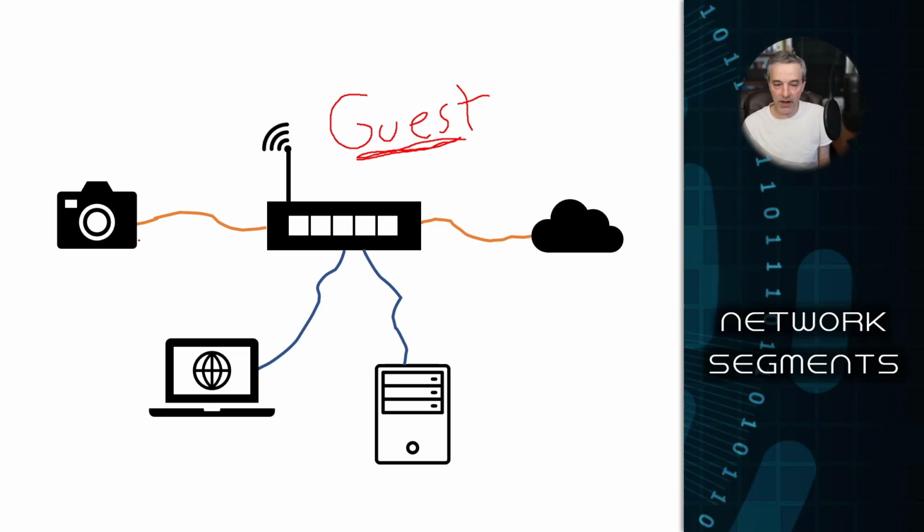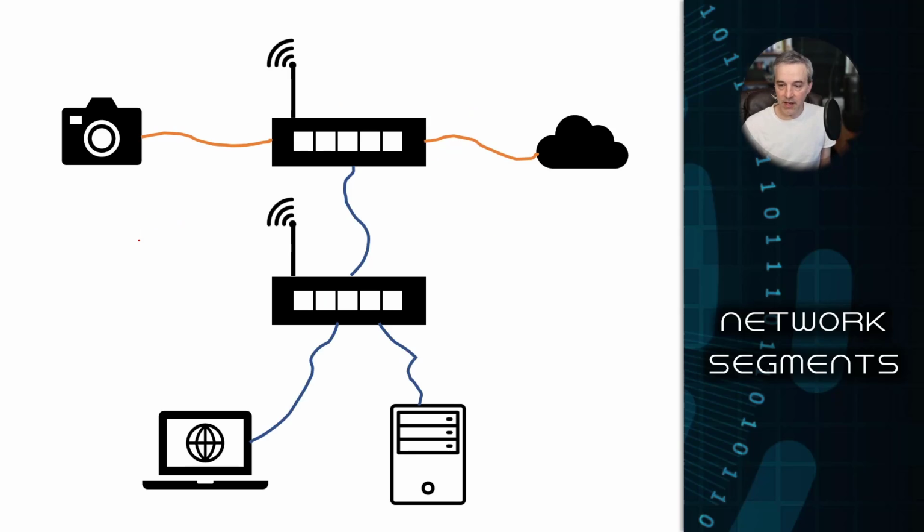Now, if you're using wired devices, what you can do in this case is basically chain two access points together. Now, with a chained access point, what you typically have is a WAN connection that connects an access point to the internet. So that WAN connection is what you're plugging in from your cable modem, or your router, or maybe this is your router or your cable modem, and it has built-in Wi-Fi and so on.